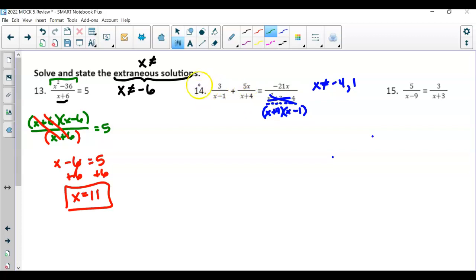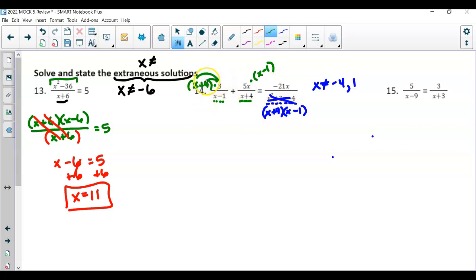So I'm going to multiply 3 by, well, if it already has x minus 1, multiply 3 by x plus 4. And if 5x already has x plus 2, multiply 5x by x minus 1. Notice how the negative 21x already has both factors, so we are good to go. They will cancel out after multiplying.